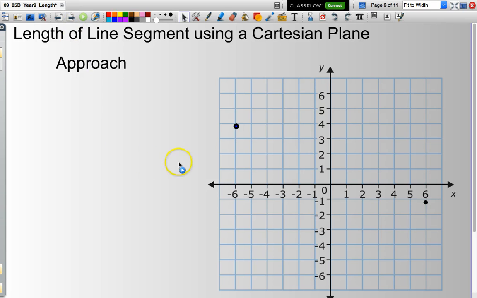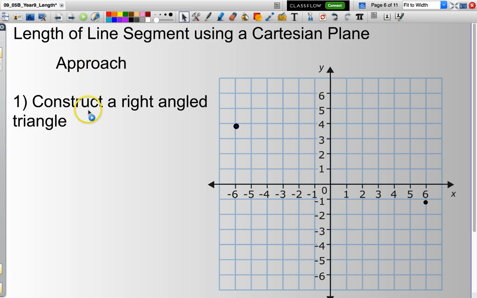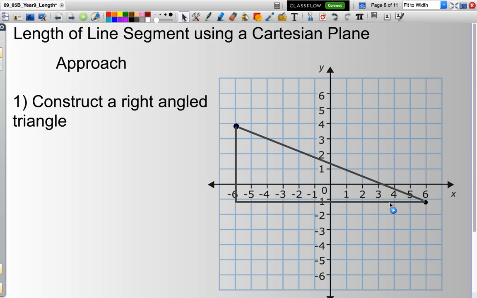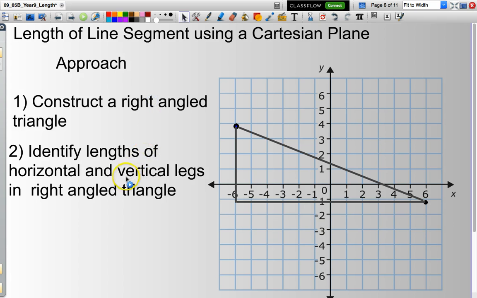Now let's move to another example. One dot over here, one point, the following point here. Alright, construct a right angle triangle. Well, this time I'm going down and across, and there you have it. There's my right angle triangle. Identify the lengths of the horizontal and vertical legs.